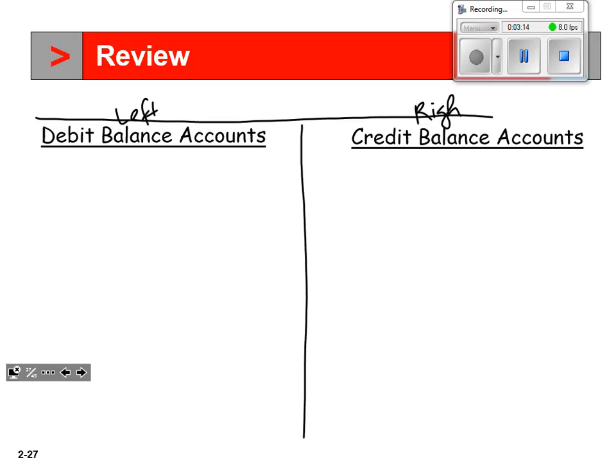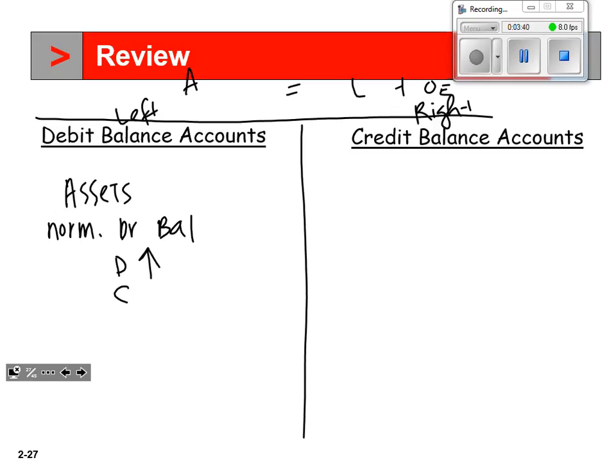And as far as the big T goes, on the left side of the T are all the assets. They have normal debit balances. The debit is the increase, the credit is the decrease. So all the assets are like that.